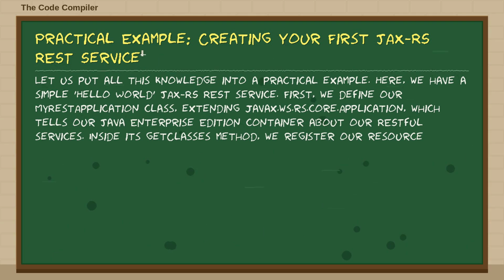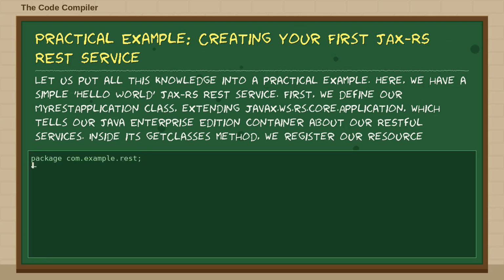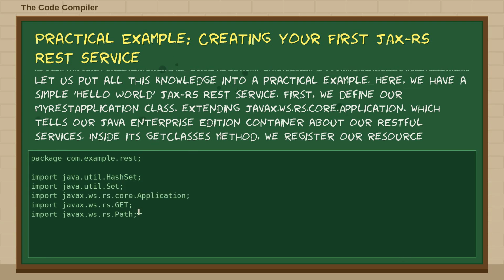Your first service is running" as plain text. It is that straightforward. Once deployed, you can access this service via a Uniform Resource Locator like http://localhost:8080/your_application_context/api/hello to see the message.